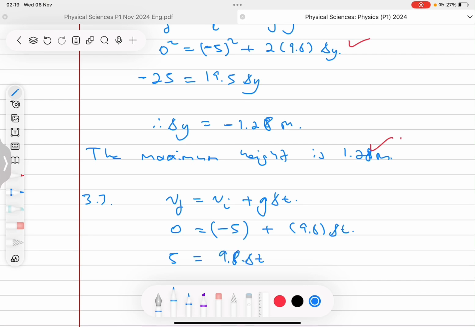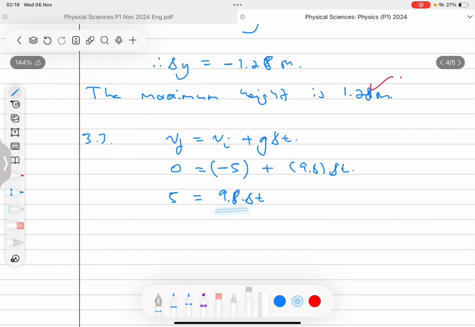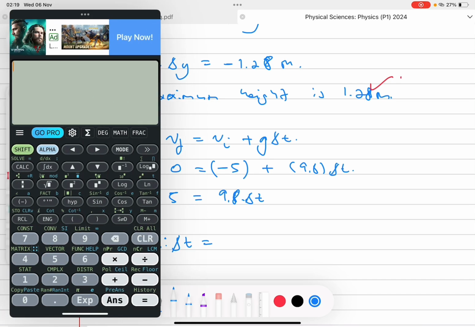Then I divide both sides by 9.8, so that this side cancels and I'm left only with the change in t. This means the change in t is equal to 5 divided by 9.8, and this gives me a time of 0.51 seconds.